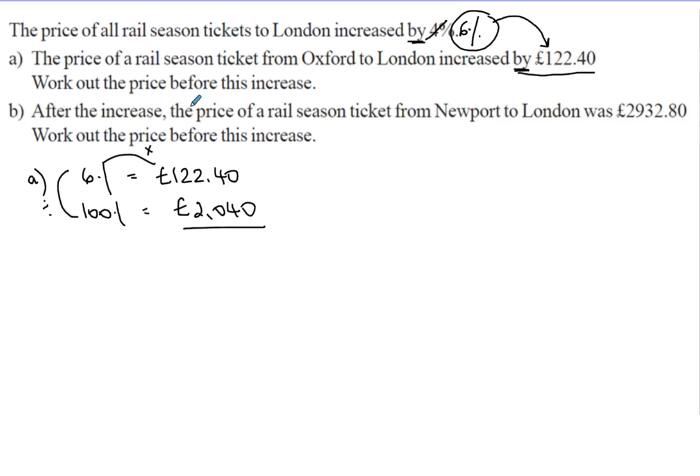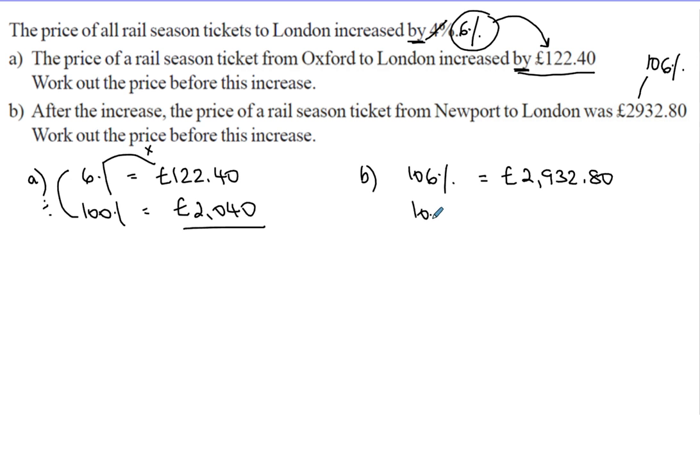After the increase, the price of a rail season ticket from Newport to London was that. So now the increase is still the 6%, so that's 106%. Okay, so again, we're going to try and find the 100%. So 106% equals £2,932.80.